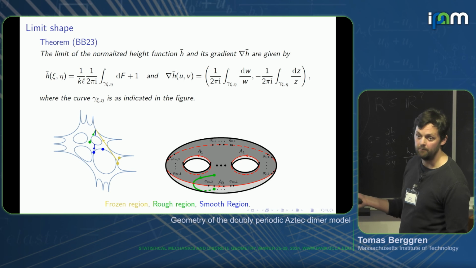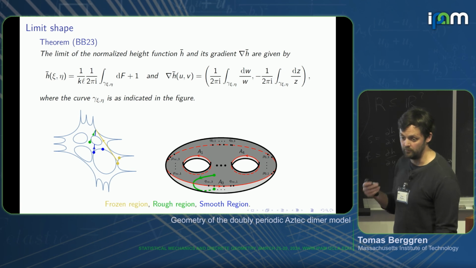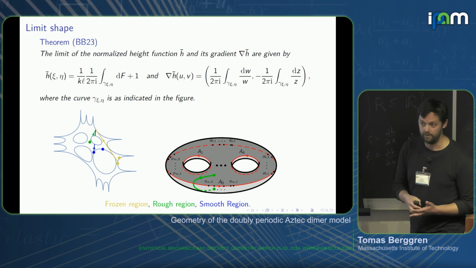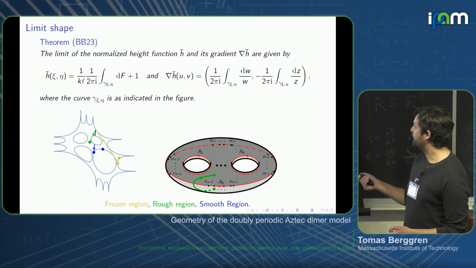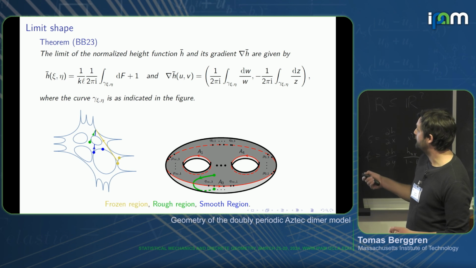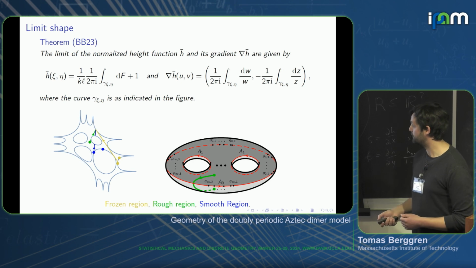You choose a point on that compact oval, and pick a curve going from that compact oval to this boundary, and that gives you the curve you are integrating over. And the slopes are expressed in this. The slope of this height function has this form then.